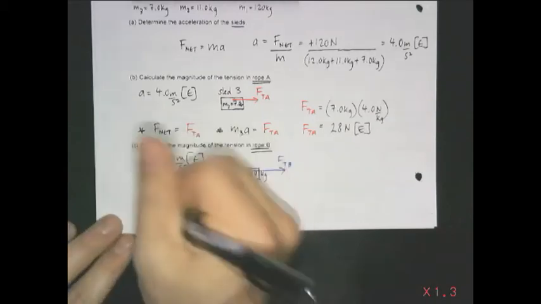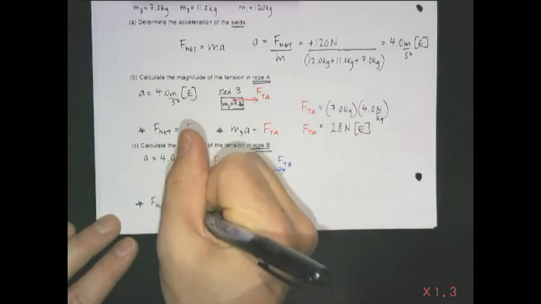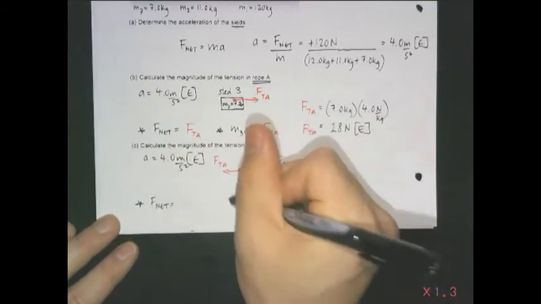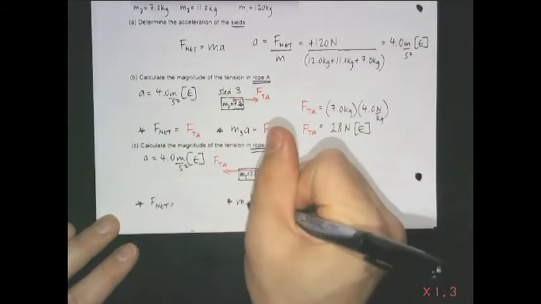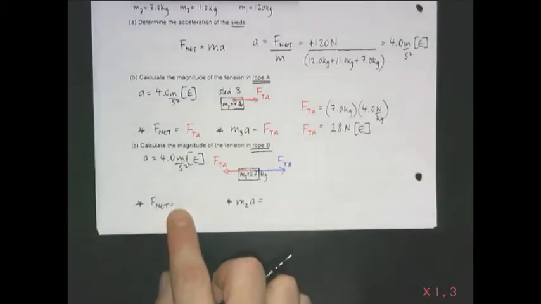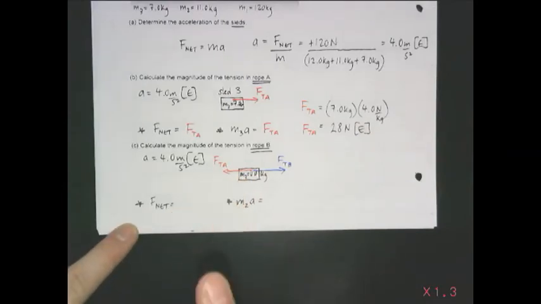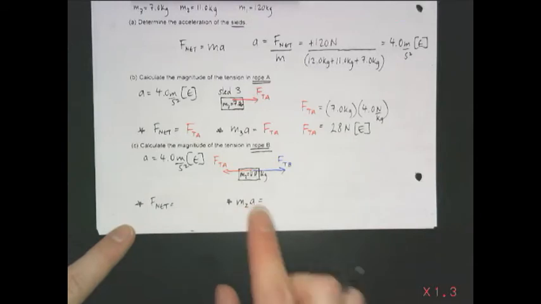Let's follow the same steps. The first step is to list all the forces acting on it, and the second step is going to be to replace the net force with the equation MA. So let's list all the forces acting on the object. What are the forces acting on this object, keeping in mind the direction? East is positive, west is negative.